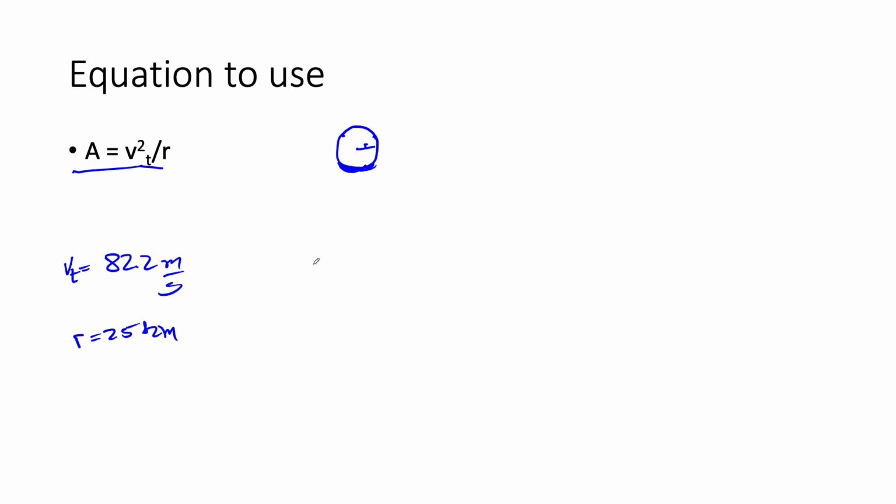So how much is the acceleration? Meters per second, this is fine. This we need in meters, so change kilometers to meters, which is 25,000. So the acceleration is going to be v squared, so 82.2 squared, over 25,000.